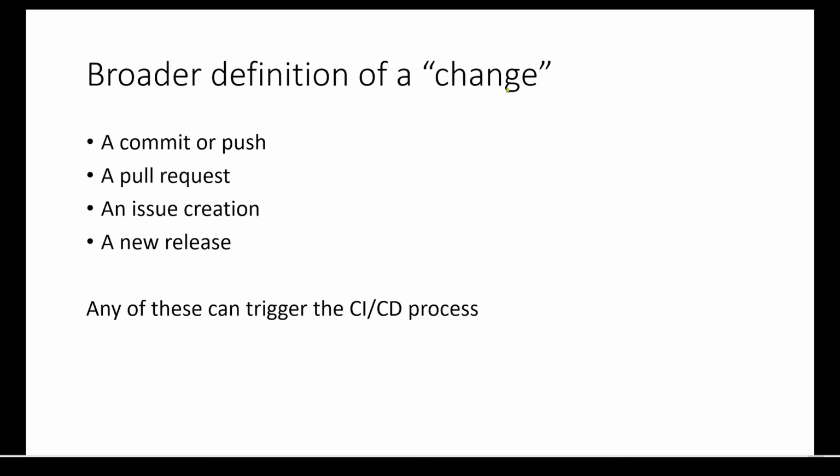And so when I say a change, in the previous examples, I always talk about a commit or push to make a change to a document. But in the broader sense, in terms of the CD and CI processes, a change can also refer to some kind of pull request, issue creation, or new release. If you are not familiar with these terms, that is okay.